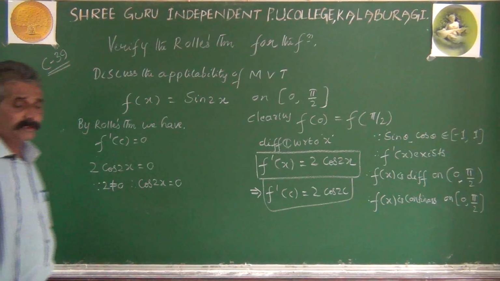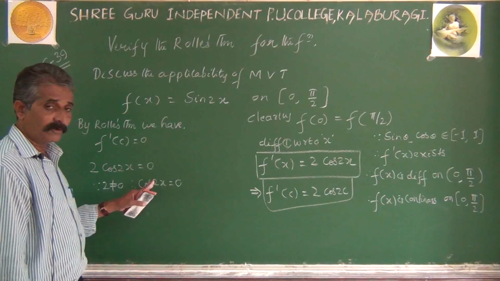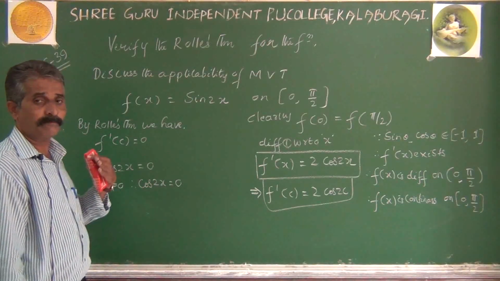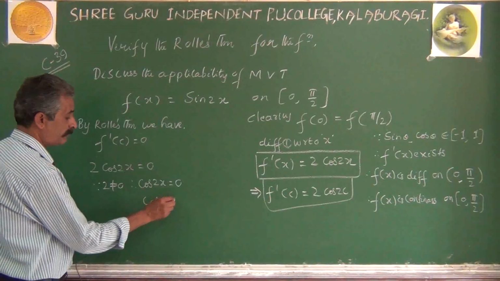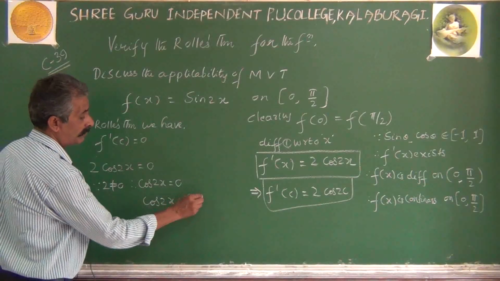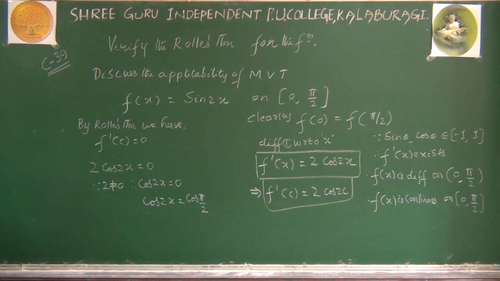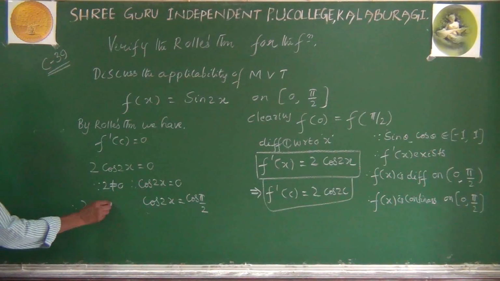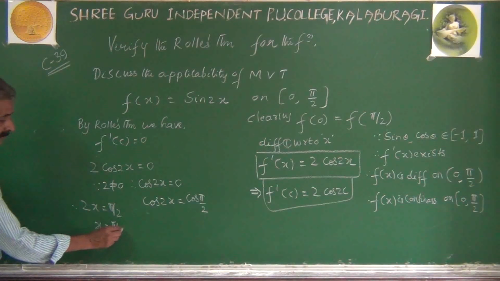We know that the principal value, the basic angle for cos to be 0, is pi by 2. So cos 2x equal to cos pi by 2, because cos pi by 2 value is 0. So 2x equal to pi by 2, thereby x becomes pi by 4.